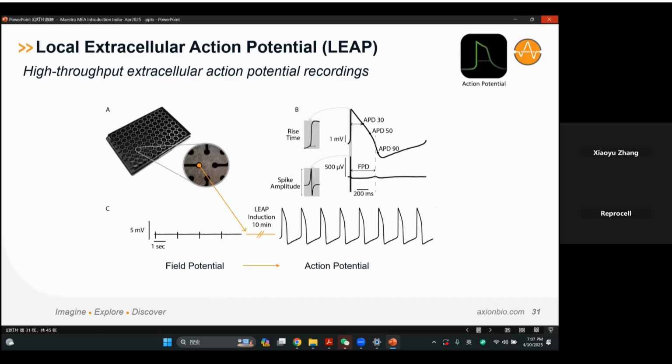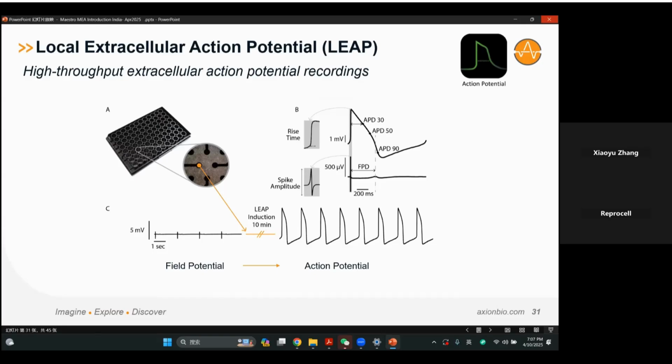We have developed a patented technique to enhance the coupling between the cardiomyocytes and the electrode. So as a result, after the induction, the electrodes can detect a larger signal, which we refer to as a local extracellular action potential.